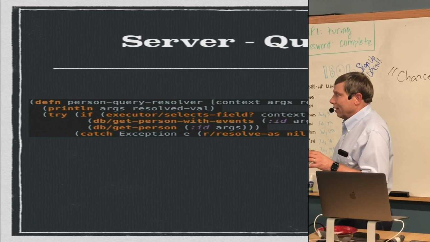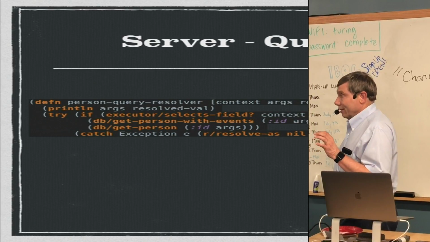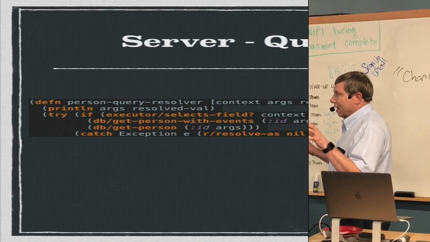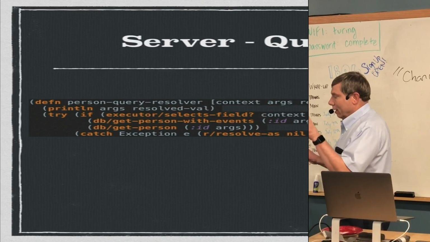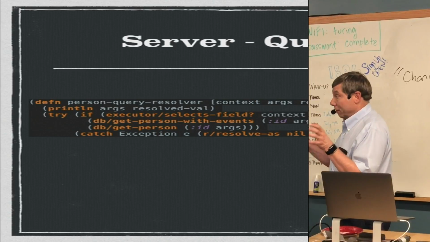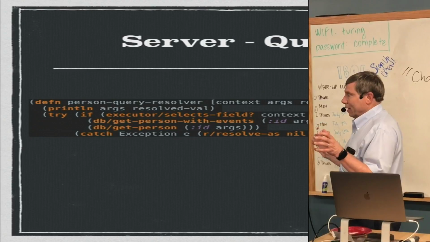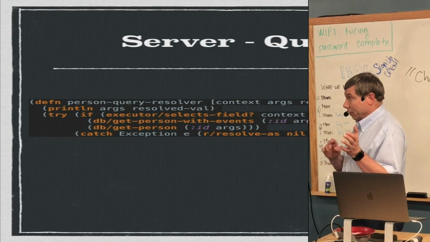This is Postgres underneath, so it simply does a join. Otherwise, it just calls get person. And Lacinia automatically matches up the GraphQL field names we asked for with the field names that came back from whatever did the query. So if you make those the same names as field names in the database, it will automatically match them up.